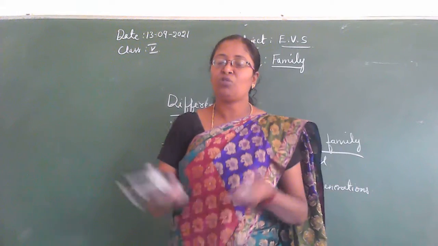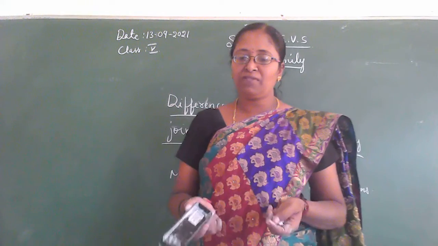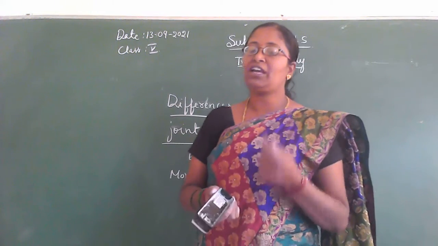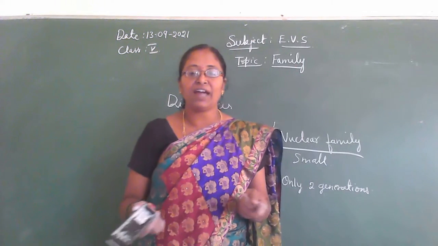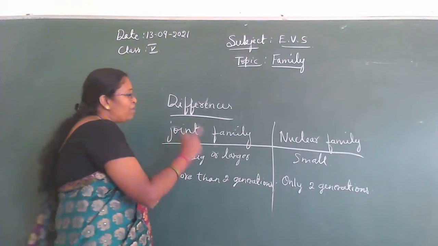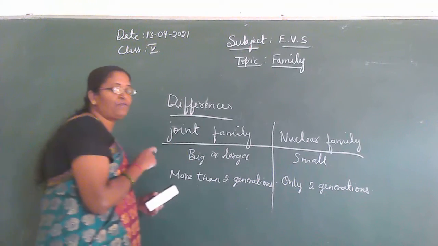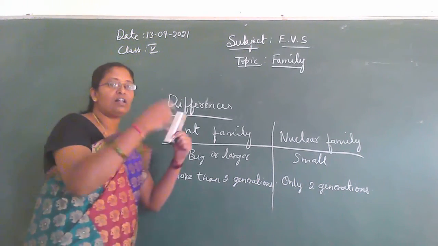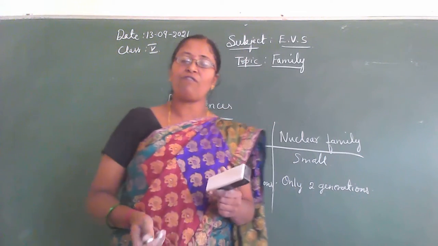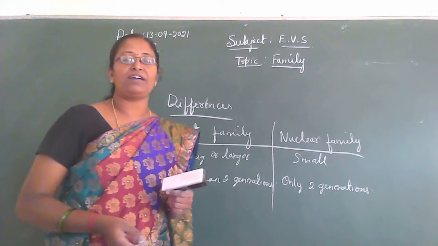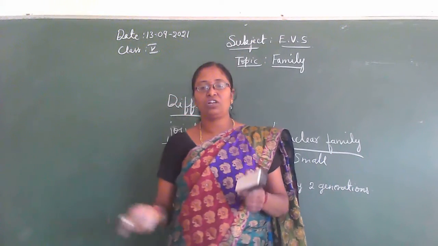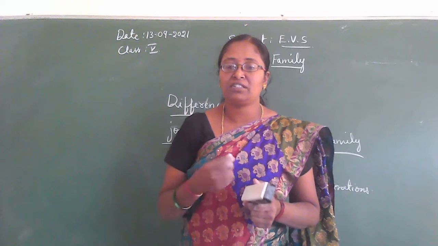Is it? So what about the nuclear family? A nuclear family is a small family unit consisting of only the parents and children. Is it? So these are the differences between the two families, that is joint and nuclear family. Joint family is a larger family. It consists of great grandparents and then grandparents, parents, children and their cousins.